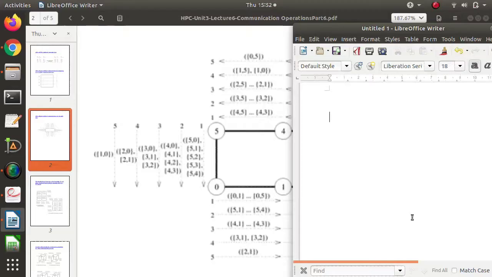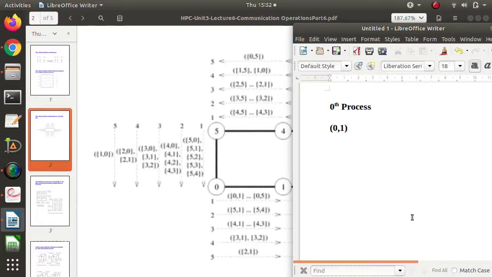Okay, so see, this is the zeroth process. It has some messages. What messages does it have? It has 0,0. I neglect 0,0 because the zeroth process will keep that message to itself anyhow.